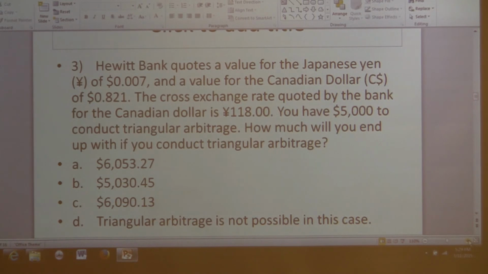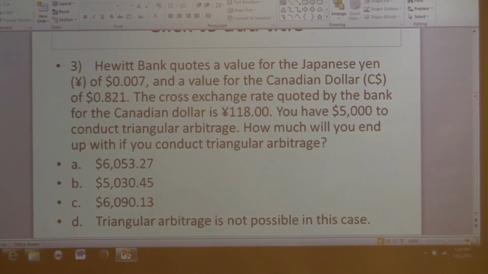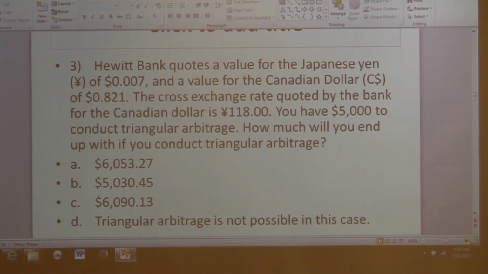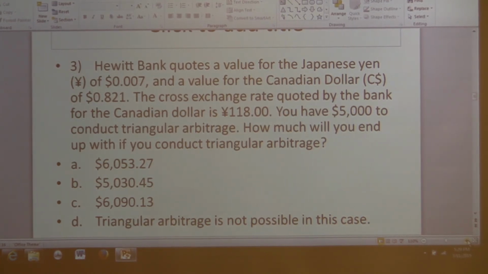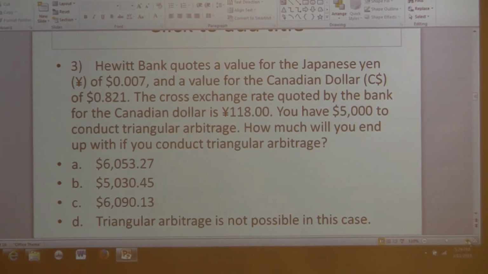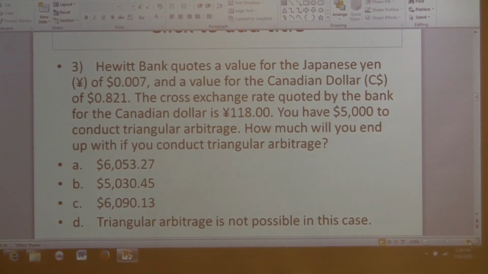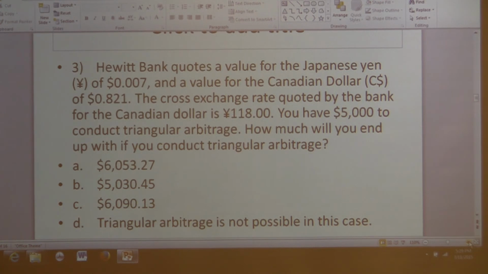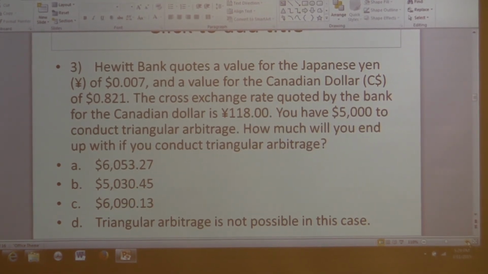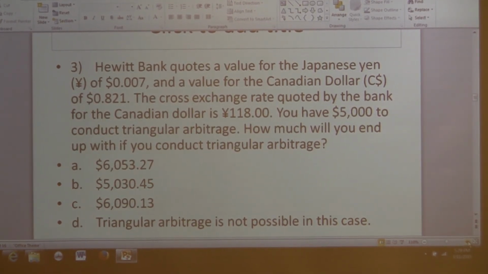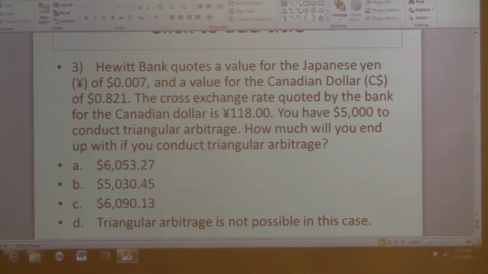Not a big difference, maybe less than that. So here, you always want to buy the currency that is overvalued, sell it for the other one, and then buy the US dollar, okay?